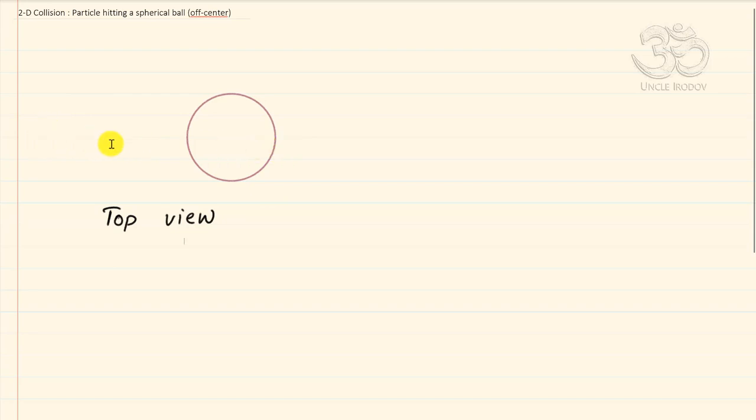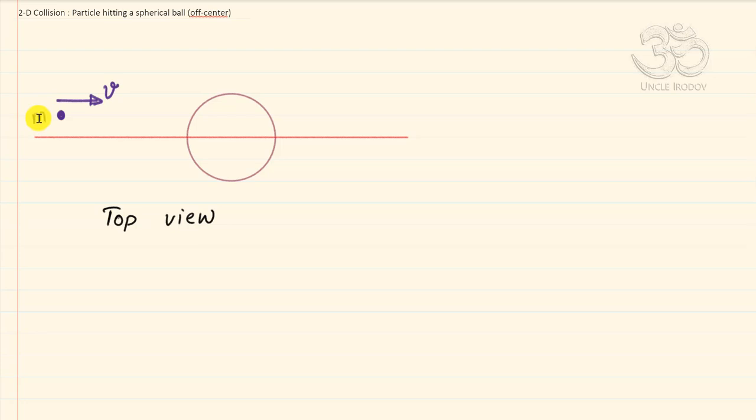So first, if I draw a line that goes through the center of this ball and is going to be parallel to the horizontal surface, that's this line, and there is a particle that is traveling from here in the plus x-axis direction with a velocity v, and this particle has a mass m, small m, let us say.